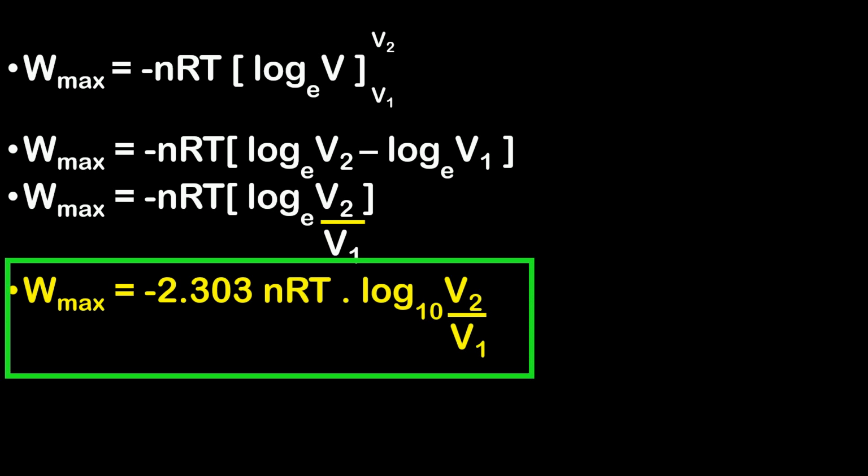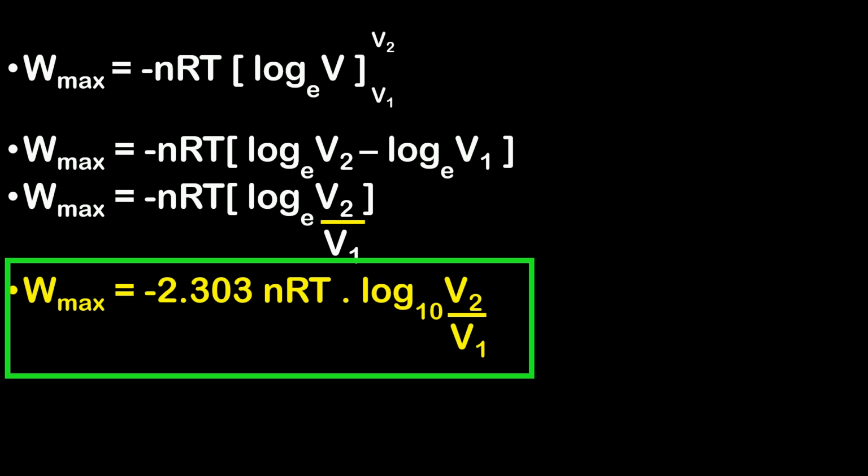Whenever they ask about maximum work, you have to use this formula. You cannot use the formula of PdV. That one is for the normal work that we do. I hope you have now understood the meaning of maximum work and what normal work I am referring to. Now this is in terms of volume, but I want it in terms of pressure.